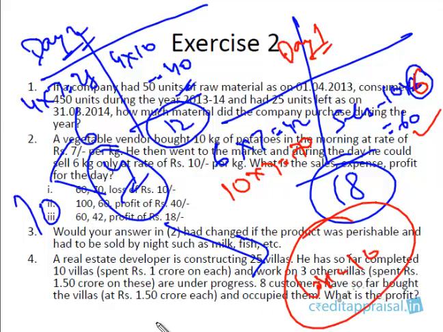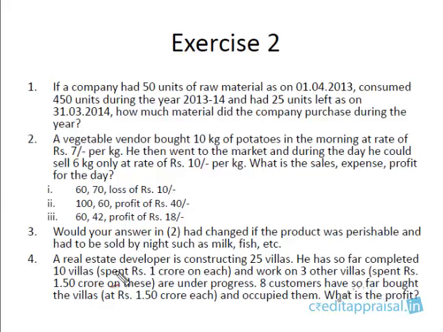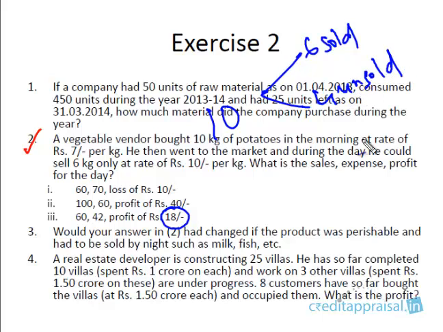In the earlier example, in case 2, the reason why we got a profit of 18 was, we said out of the 10 kgs potatoes, 6 were sold and 4 were unsold, right? So the layman, when he calculates the profit, thinks there is no profit, there is a loss. He says profit is sales minus expenses.